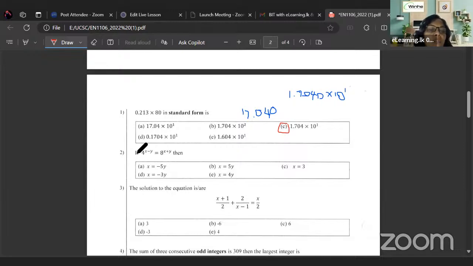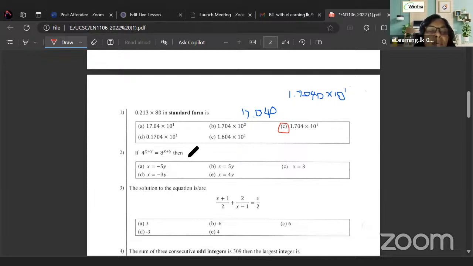How do we solve this one? Are the bases equivalent? No. Or are the indices equivalent? No. So first you make the bases equivalent.